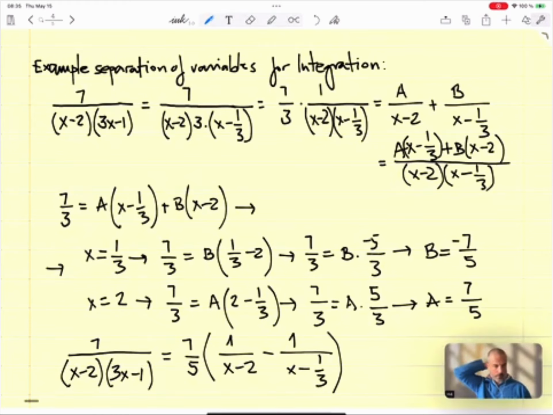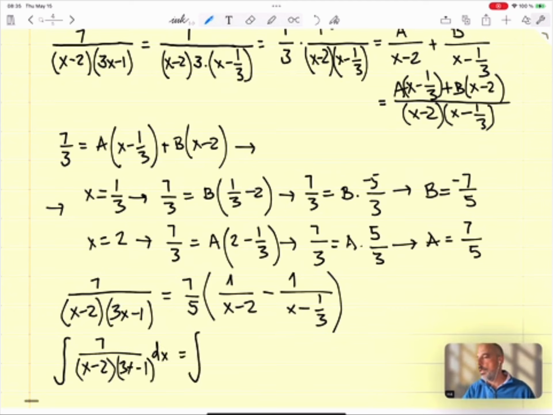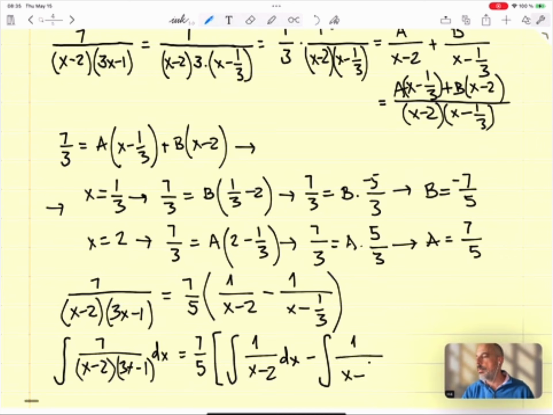So the integral of 7 divided by (x minus 2)(3x minus 1) dx equals 7 divided by 5 times the integral of 1 divided by x minus 2 minus the integral of 1 divided by x minus 1/3.